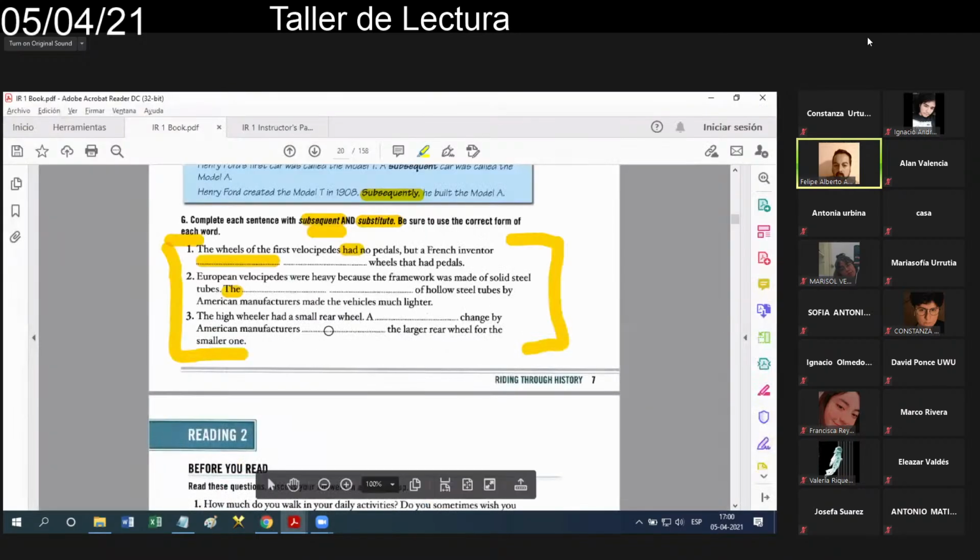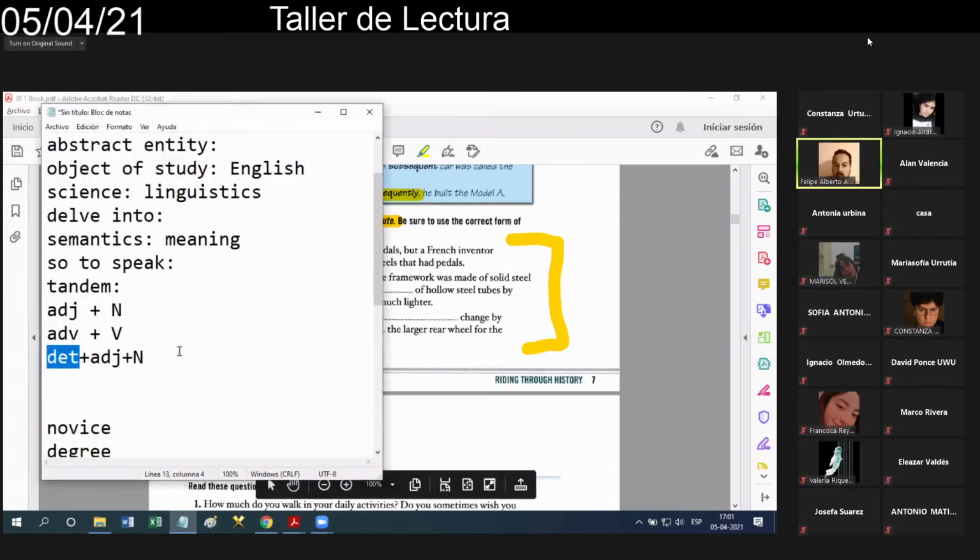The high wheeler, and let's see what Constanza wrote. Might be wrong. Constanza, I'm going to teach you why subsequently cannot fit the context. This is not a difficult thing. The high wheeler had a small rear wheel. A, like the, both are articles.